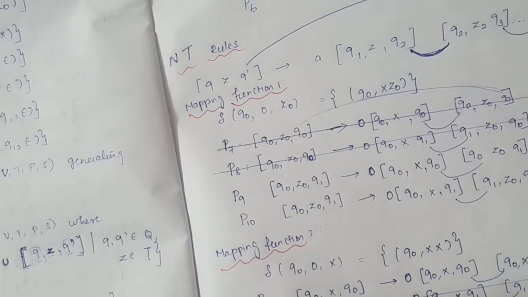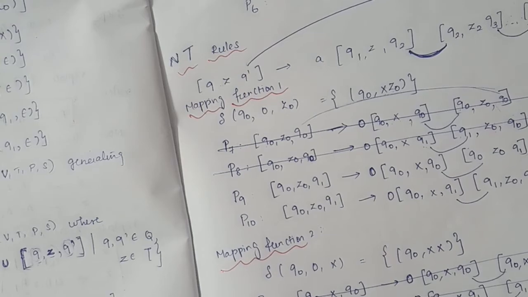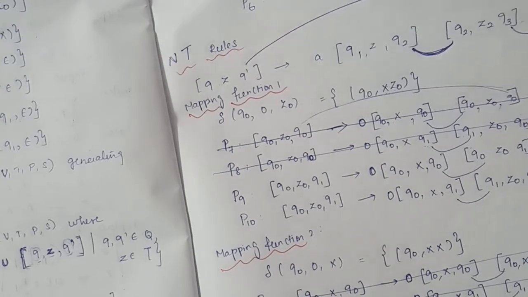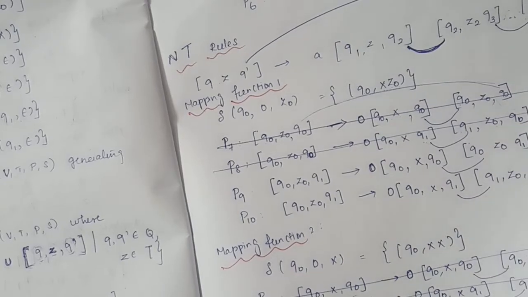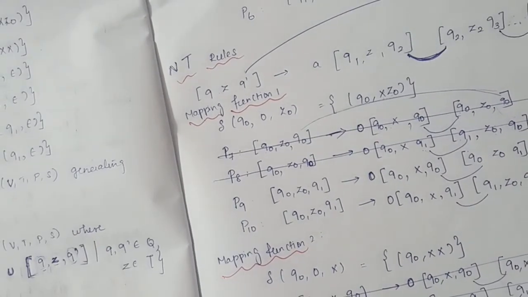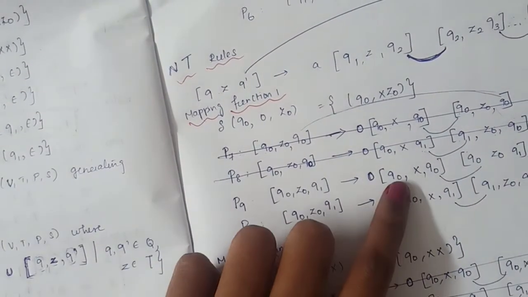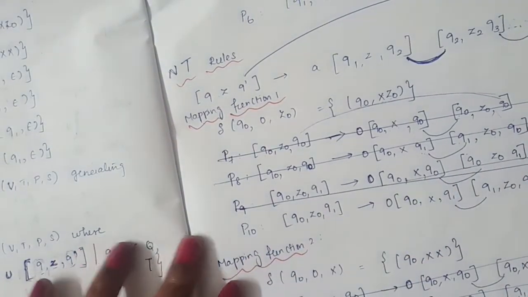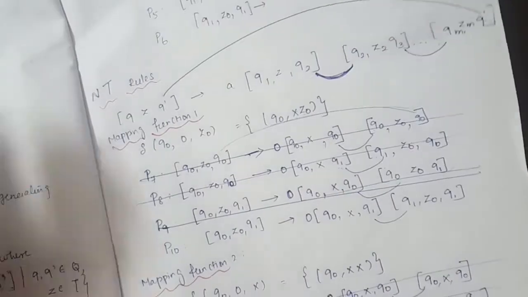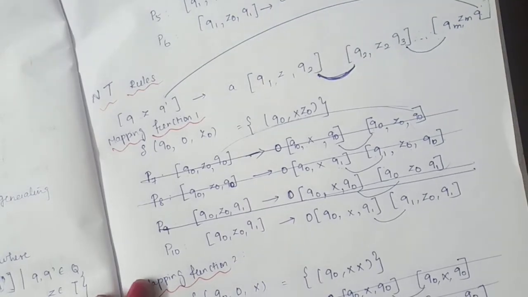Okay, I am deleting this. Here also q0 x q0 is available, so I am deleting this. After that, q0 is it not q0. Where is q0 is it not q0?